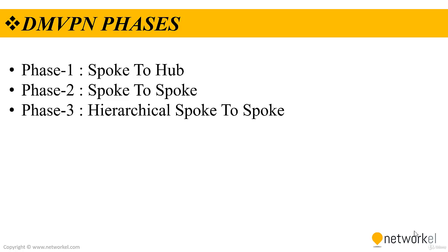DMVPN spokes can use DHCP or static addressing for the transport and overlay networks. They locate the other spokes' IP addresses, protocols, and MBMA through NHRP, which we will introduce after a few slides.